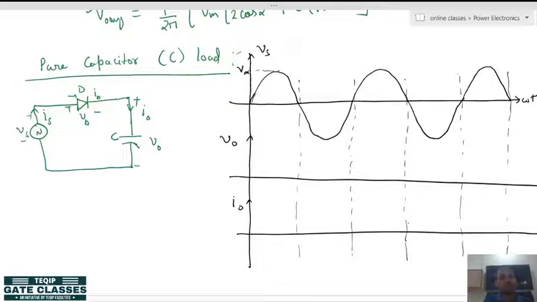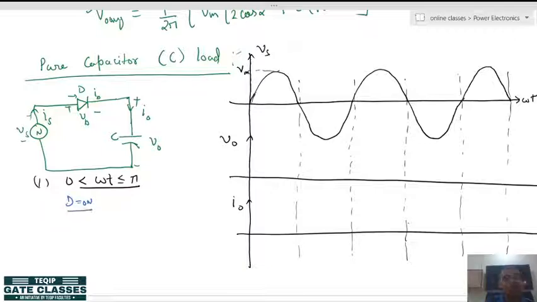when the pure capacitor is there, let us talk about the first instant, from 0 to pi. Initially we are considering that the capacitor is fully discharged. Here we can observe that when the capacitor is there, the diode is on at this time.